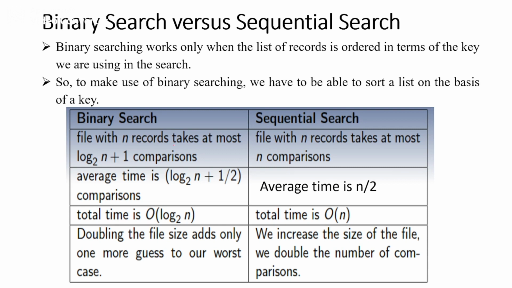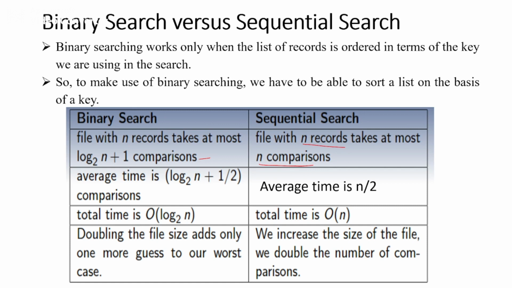A file with n records takes at most log n to the base 2 plus 1 comparisons in binary search. But in sequential search, n records take at most n comparisons. At most, in the sense, if you have your record in the nth position, then it should search till the nth position, so till the last position.